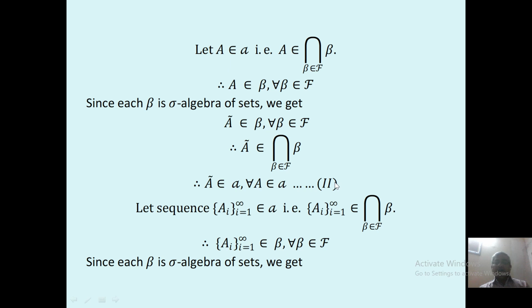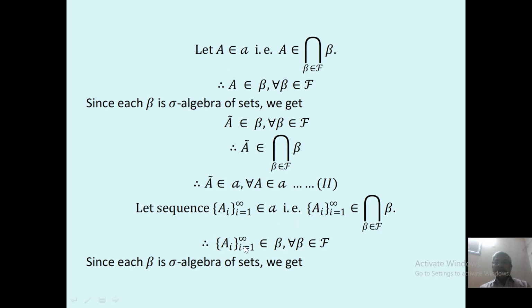Now last condition, let us take sequence A_i in script A. Script A માં હોવું મતલબ intersection of B માં હોવું.